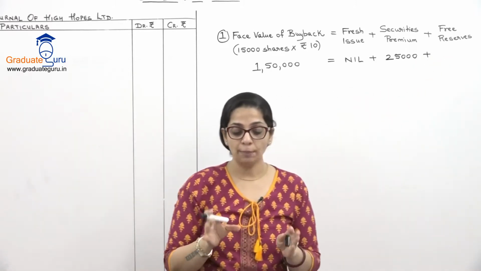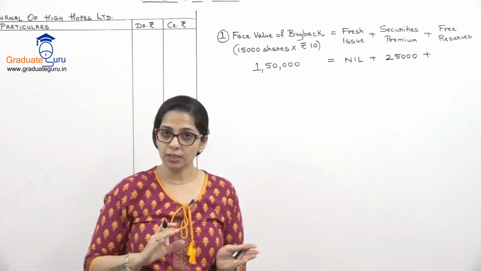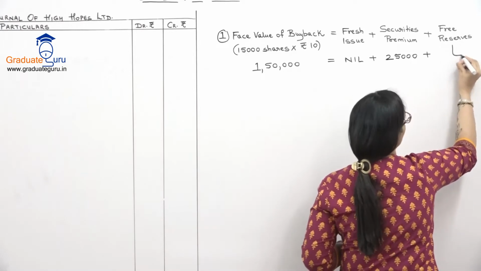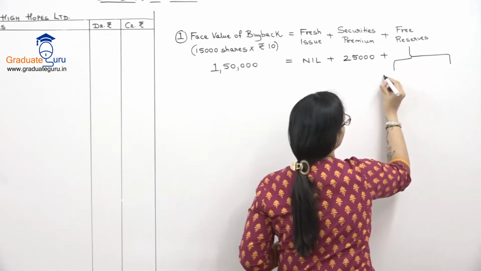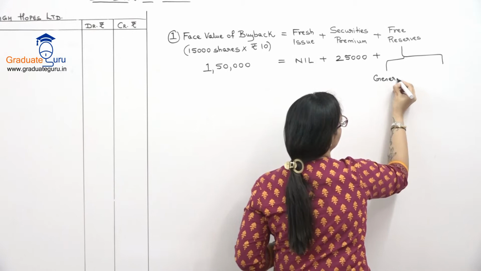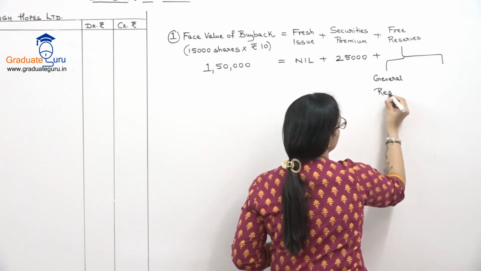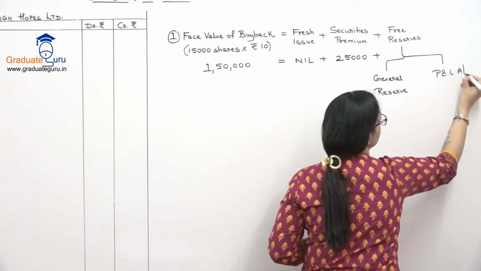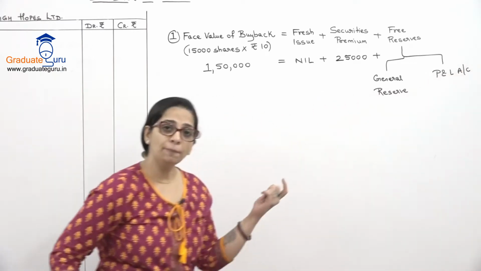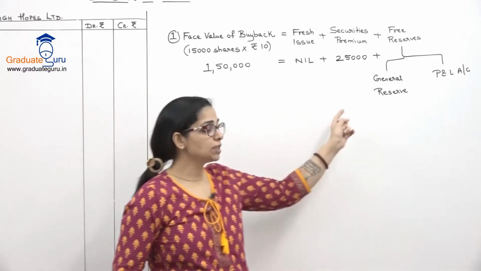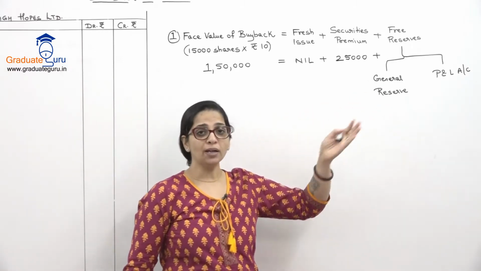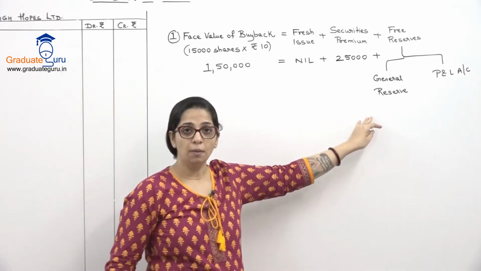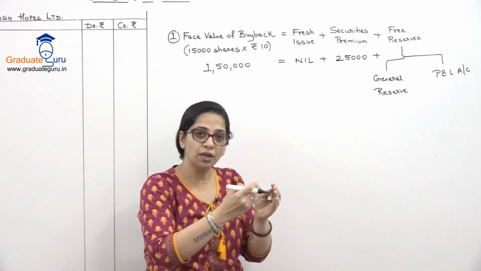So obviously I will have to take help of my free reserves. Two free reserves are given here: general reserve and profit and loss account. So let's divide free reserves into two parts: general reserve and our P&L account. It is okay if you use any one first, but as a policy we will always use general reserve first because it is a little more restricted than P&L.